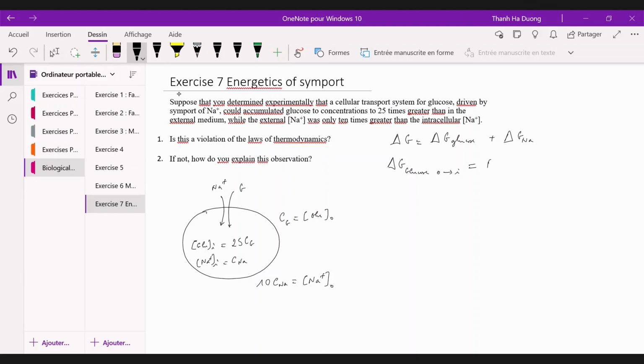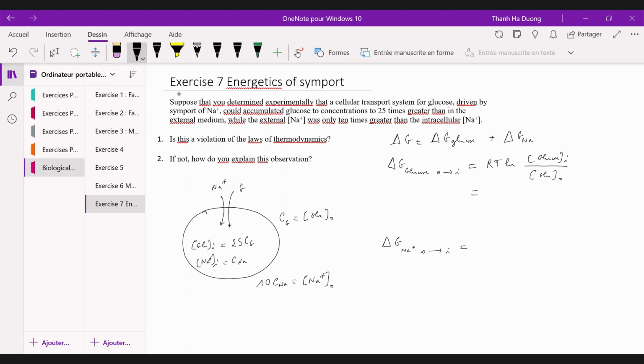So the delta G will be RT logarithm of glucose inside over glucose outside. So tell me the value and if it's positive or negative. And after that, you can calculate the delta G of the transport of the sodium.